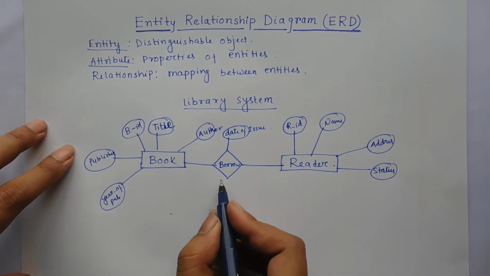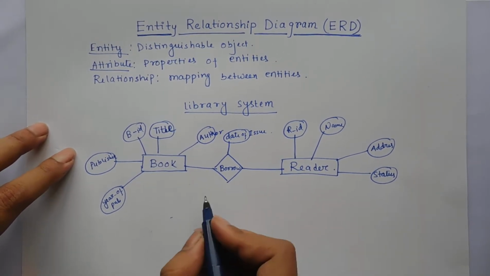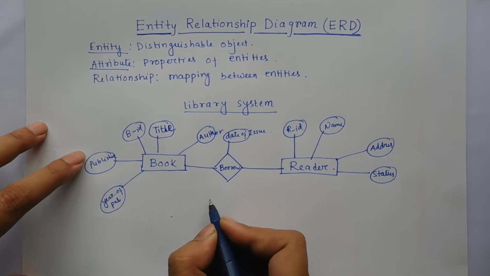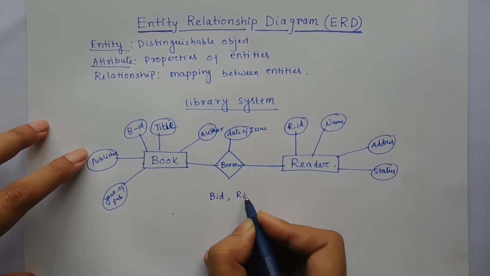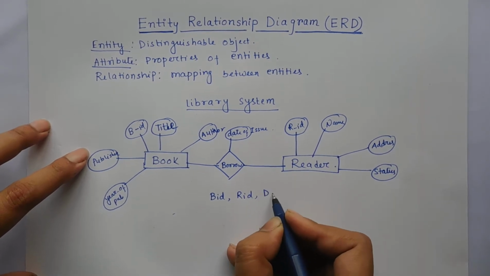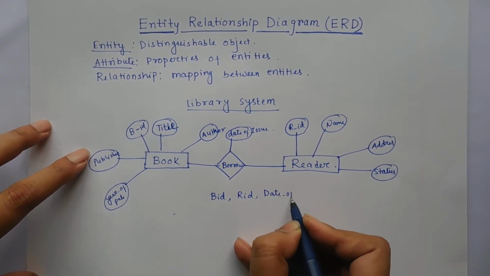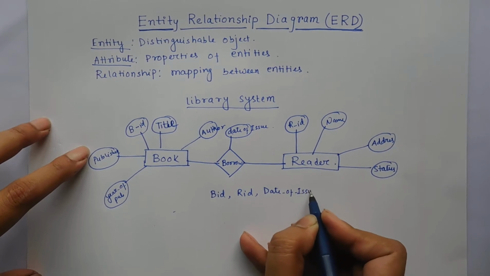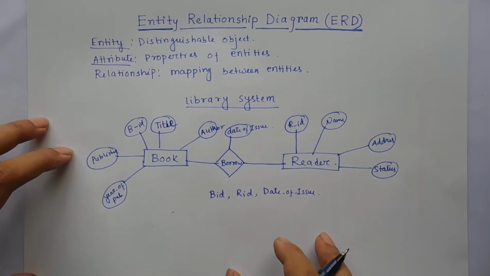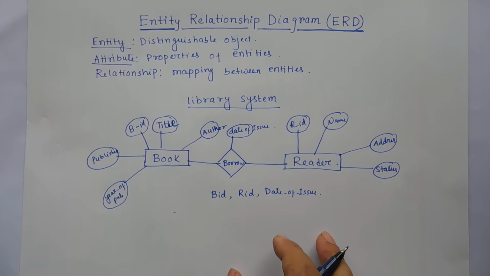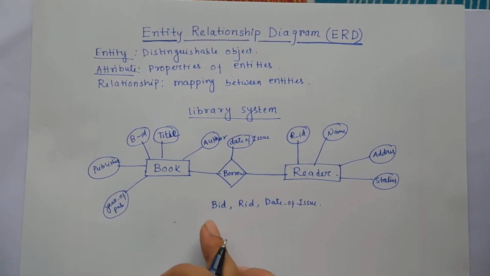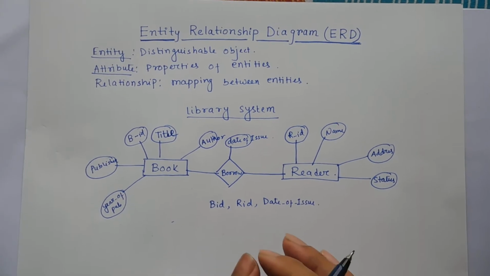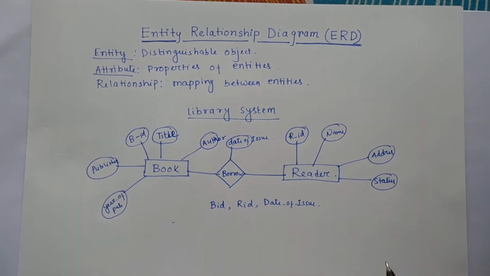So if borrow is also a table, it has attributes like BID, RID, and date of issue. That means which reader borrows or issues which book. This relation relates the book and reader in this way.